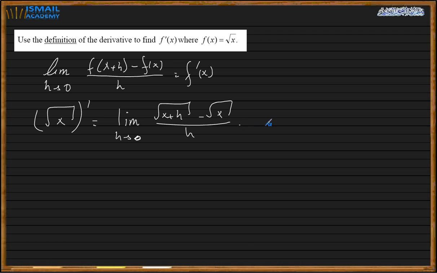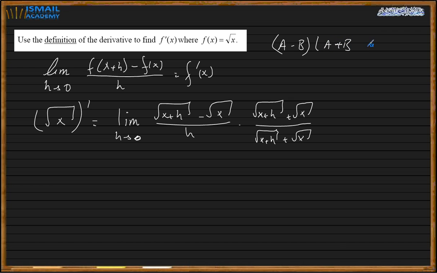So here I multiply both the numerator and denominator by the conjugate of the numerator, so it's going to be square root of x plus h plus square root of x, over square root of x plus h plus square root of x. Here I'm going to use the property a minus b times a plus b is a squared minus b squared, and we know that the square root of something squared is just the same thing, so this is the concept I'm going to use here.